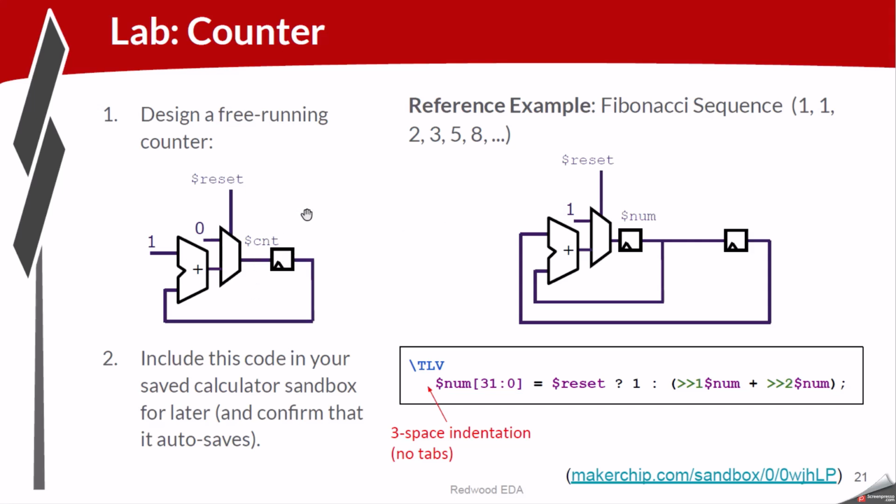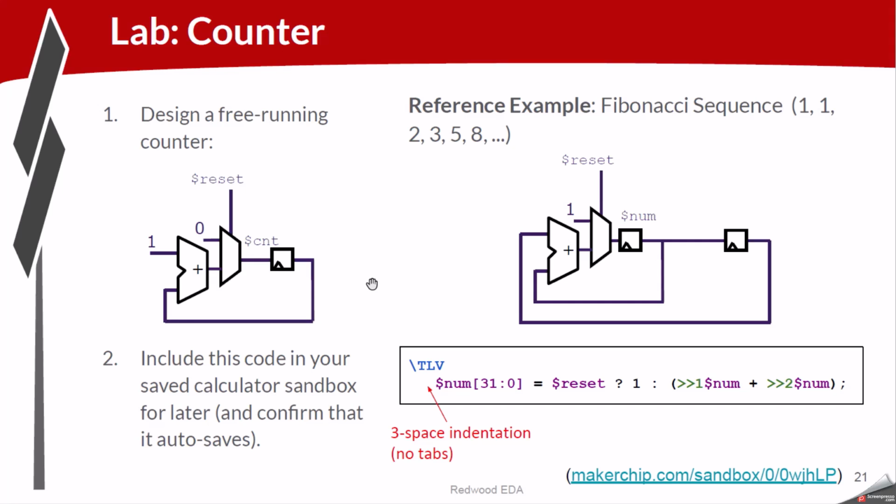This counter circuit is simply starting off with a value of 0, and every successive cycle is going to increment that count. So looking at the circuit, we have a count, and every cycle, that count is going to be added with 1. All right, so I'll give you time to try that on your own inside MakerChip.